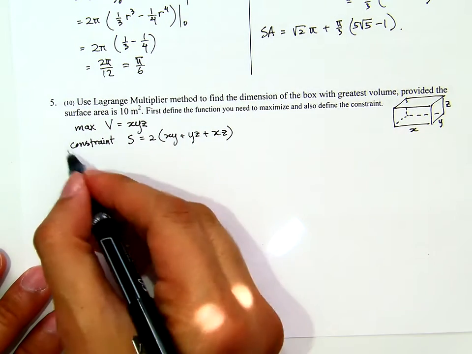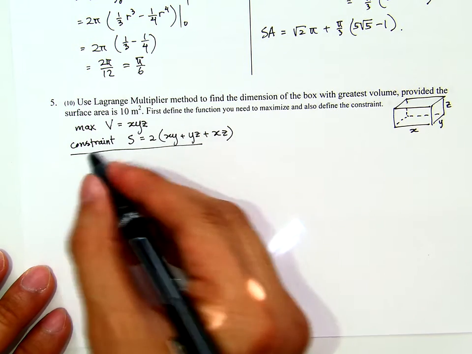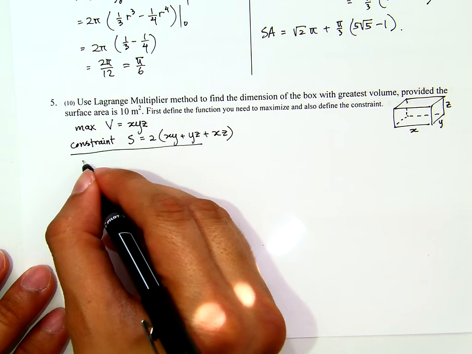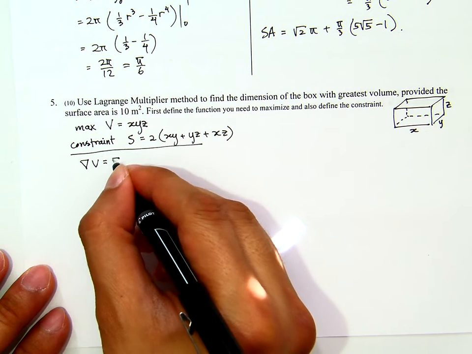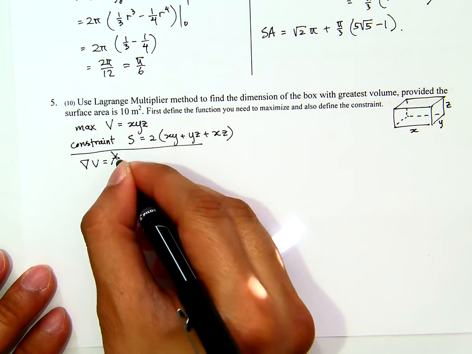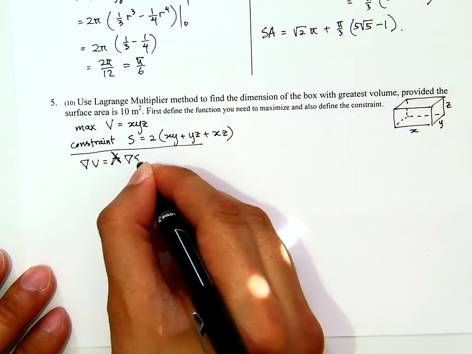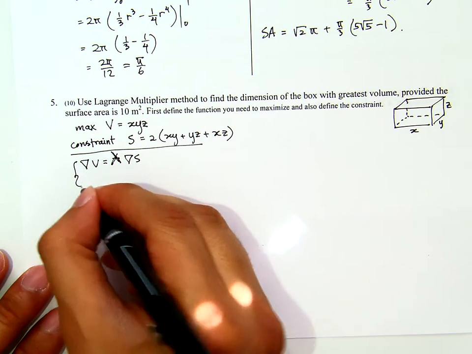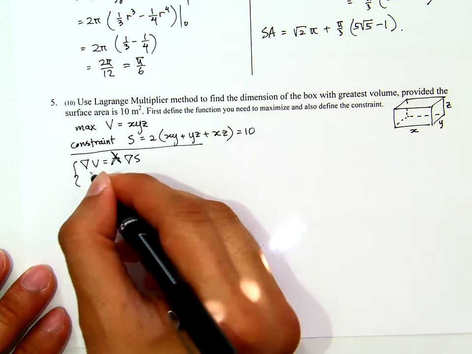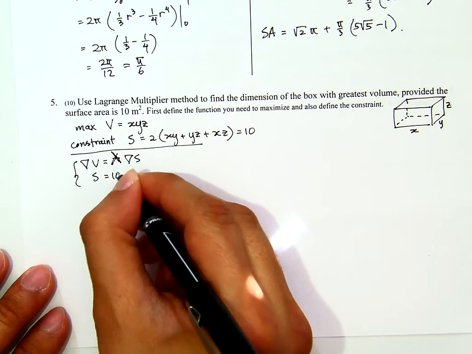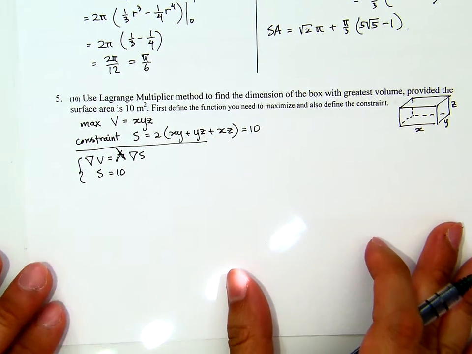Now according to the Lagrange multiplier method, del V equals lambda del S, and of course the constraint should be satisfied: S equals 10. The surface area should be 10.